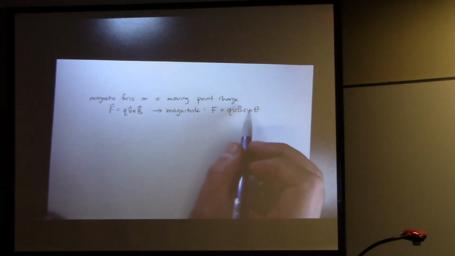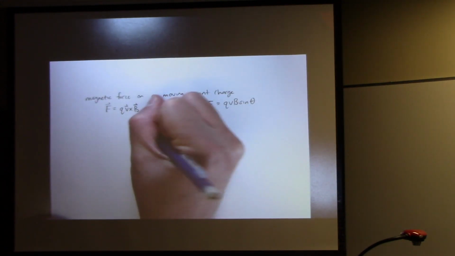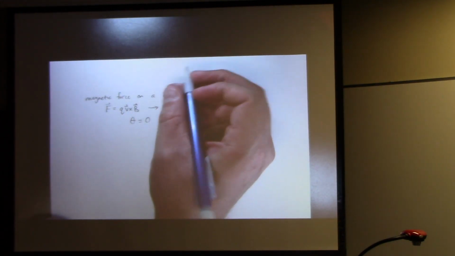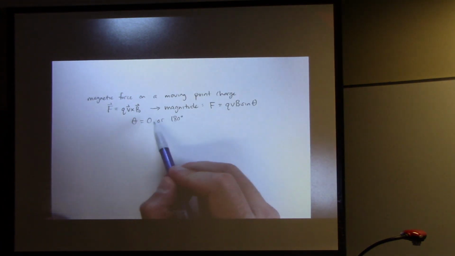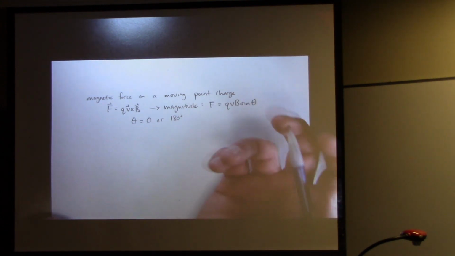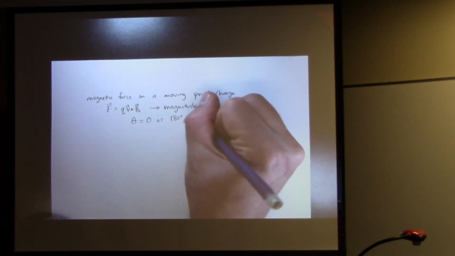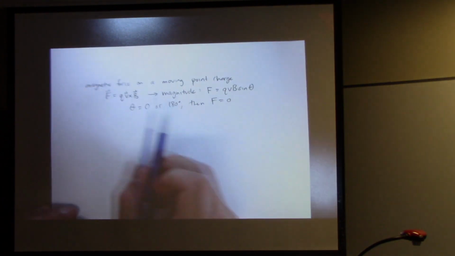And actually, let's just really quick think about under what circumstances would the force go to 0? Well, if theta is equal to 0, or if it's equal to 180, because sine of 0 gives you 0, and then sine of 180 also gives you 0. In both cases, we're going to have 0 force. So what does that mean?